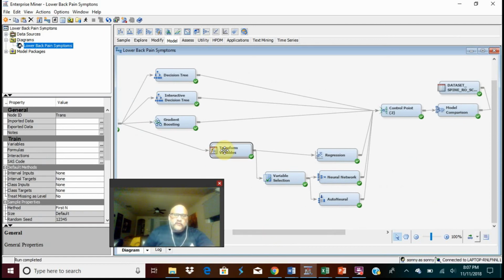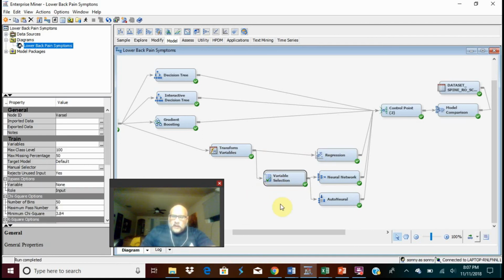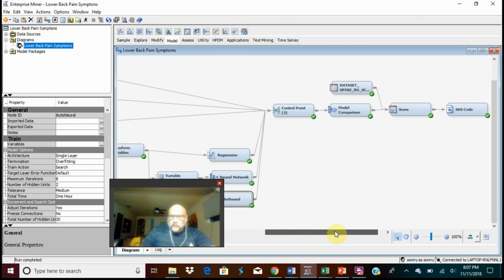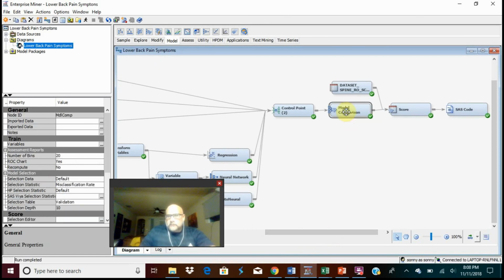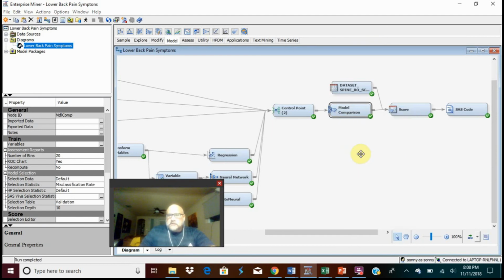I transformed one variable, the DS variable, the degree of spondylolisthesis, using log 10 before performing a regression analysis. And then variable selection before performing the two neural network models. In the model comparison, we can see here the results.